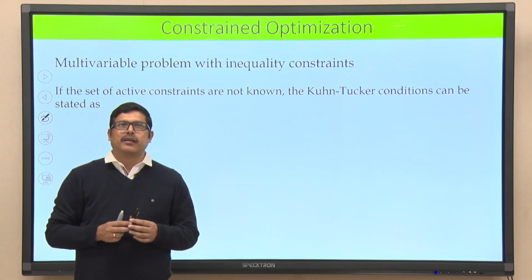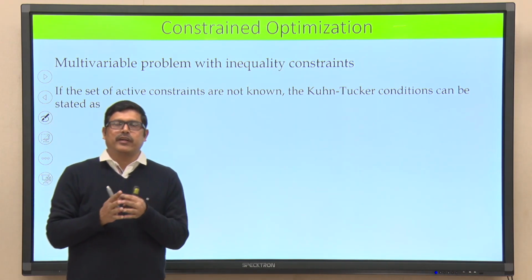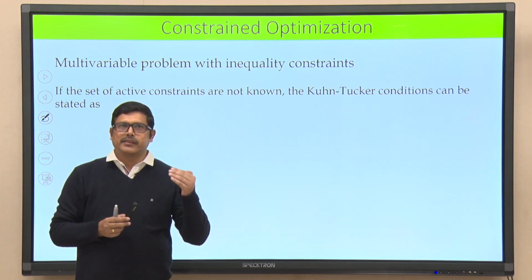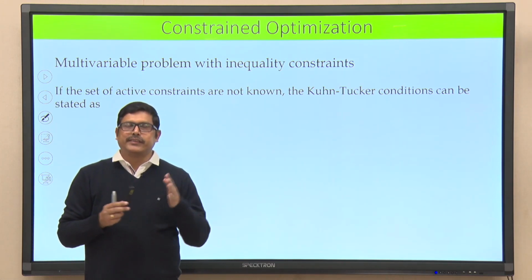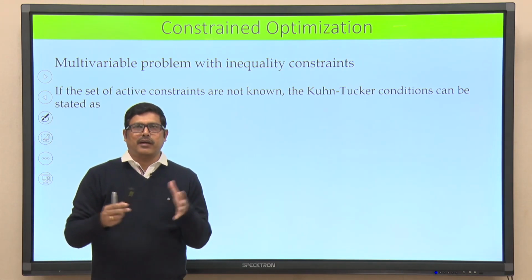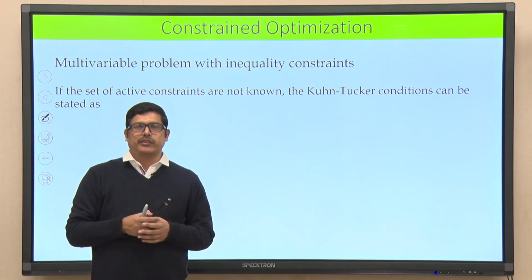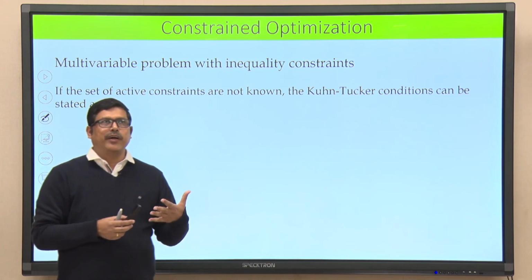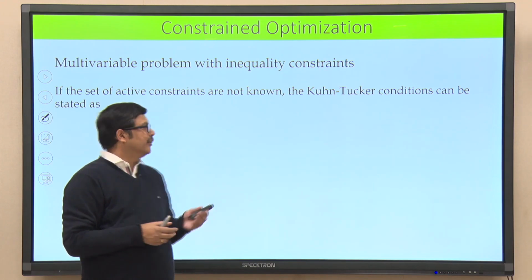As we have discussed, we have divided the total inequality constraints into two sets: set j 1, the active constraints, and j 2, the inactive constraints. But for a particular problem, I may not be aware which are active and which are not active.